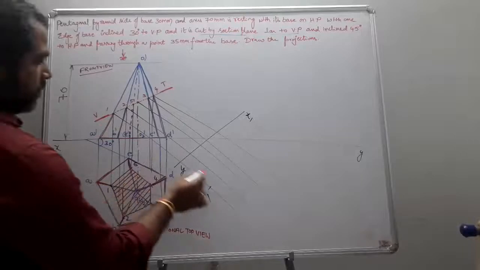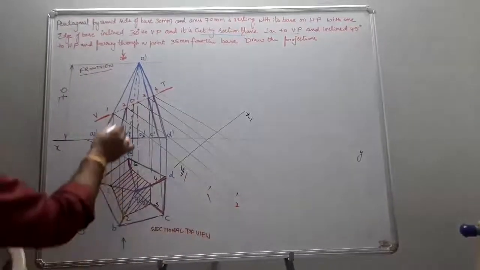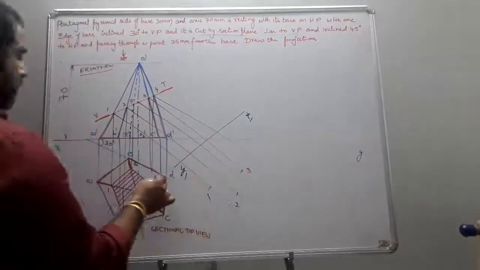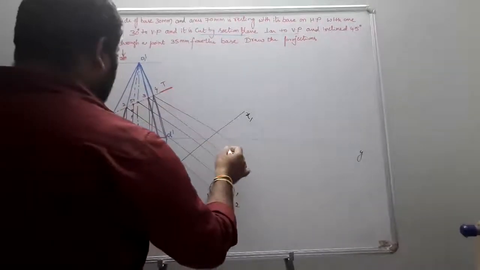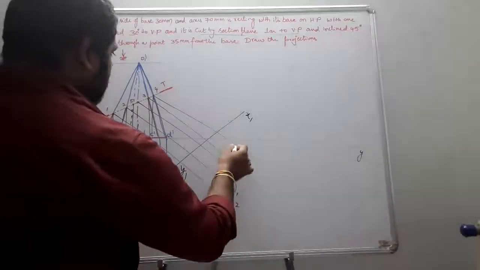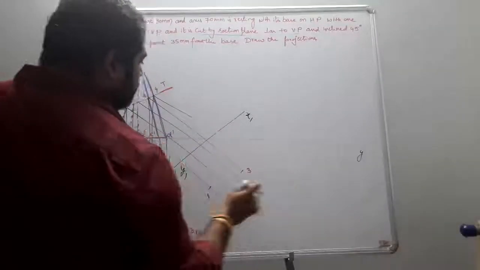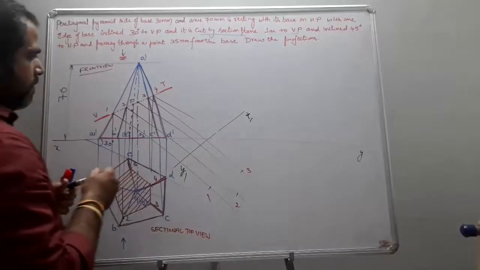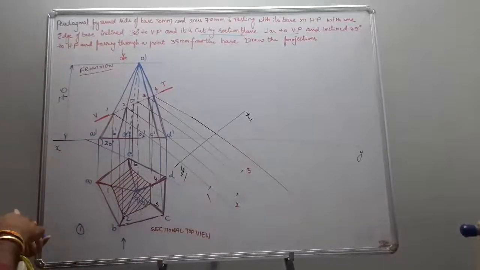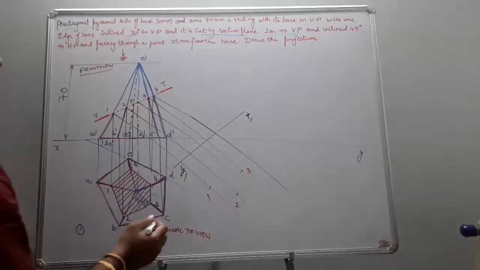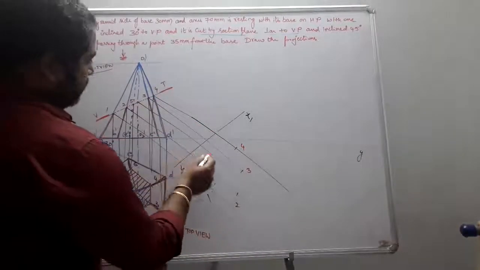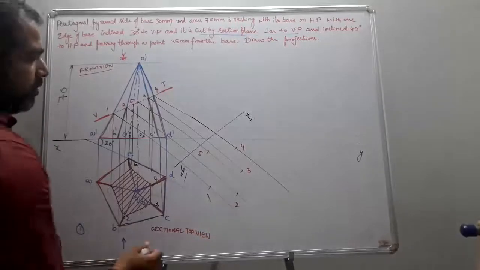This is 2. Next 3. Next 4. Next, this was 5. Join all the points. 1, 2.